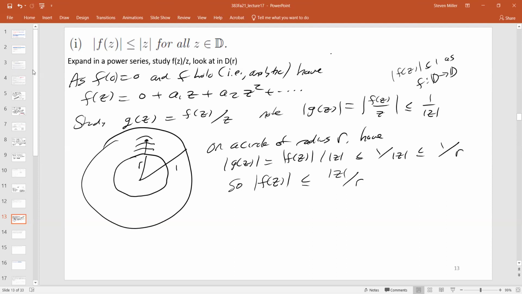Yes? Now, this is true for any r less than 1. Why the final?